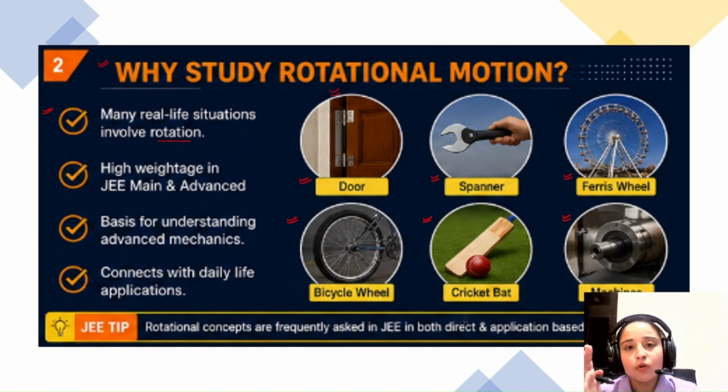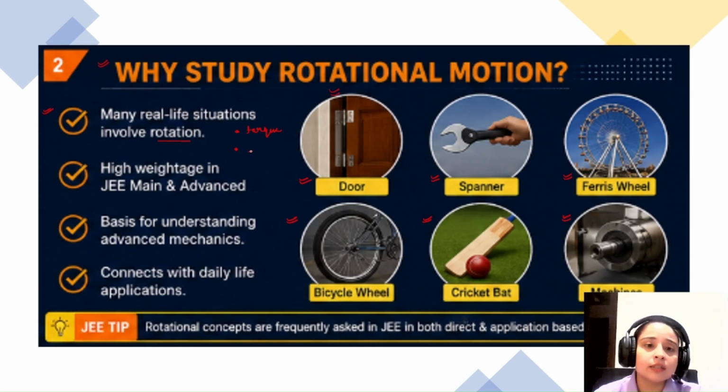So basically, whenever a force is acting, it tends to rotate an object. In that case, the ordinary Newton's laws are not sufficient, so we need to understand new concepts. What are the new concepts? Like torque. We will discuss this one by one in the classes, okay?